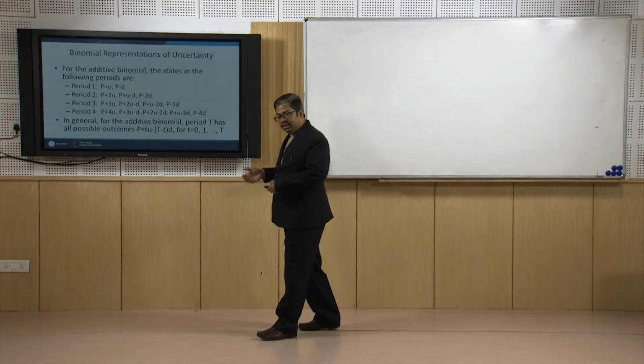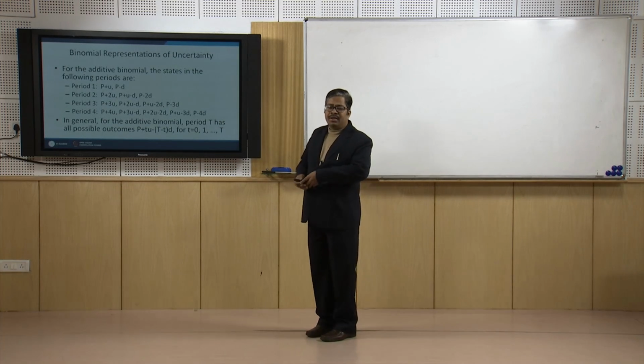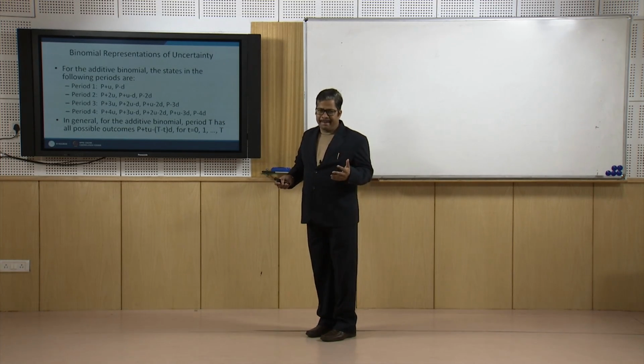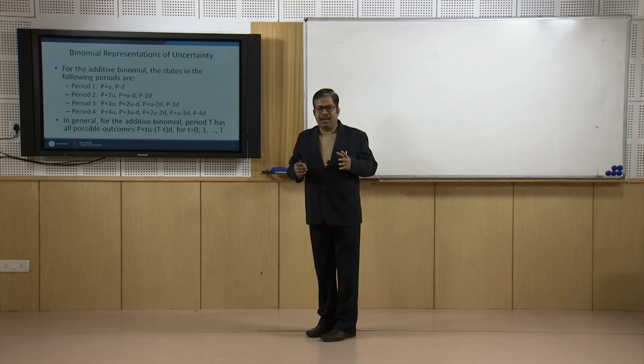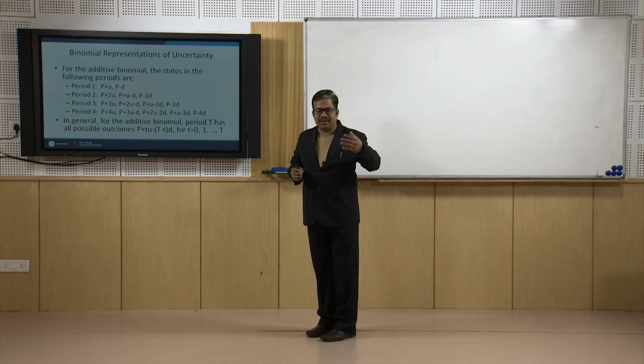The other reason we also discussed is that many times the size of your initial underlying value is very important. If the initial price is 20 rupees, it may change by a factor of 2%, 3%, 4%, but it is difficult to say that 20 rupees may change by 2 rupees in the subsequent period.